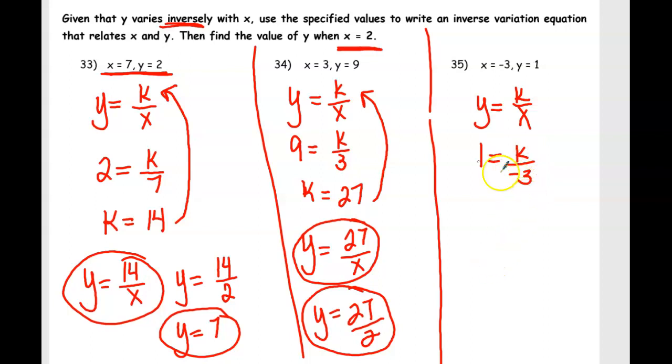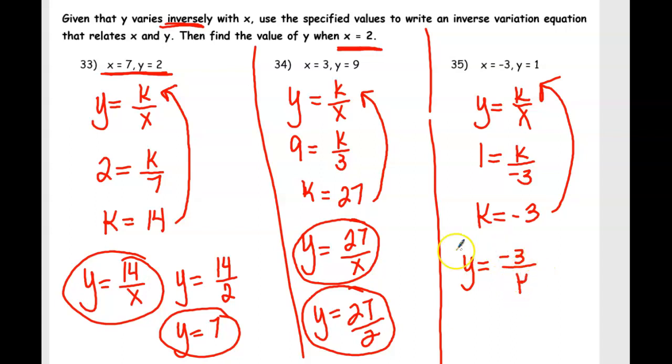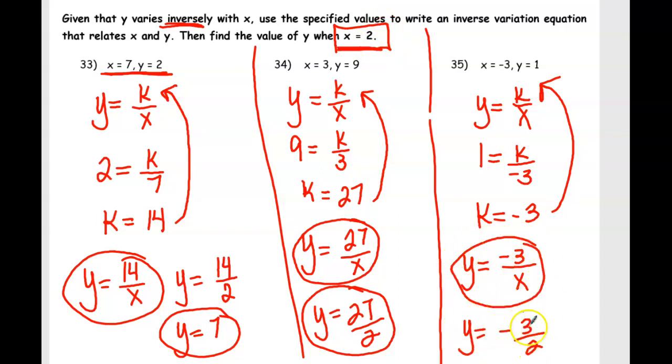We multiply both sides by -3, and our k is equal to -3. We take that -3, we plug it back into the equation. That's supposed to be an x. So y equals -3 divided by x. There's our first answer. And now we make our prediction. So we're finding the value when x is 2. Now y is equal to -3/2. There's our second answer.